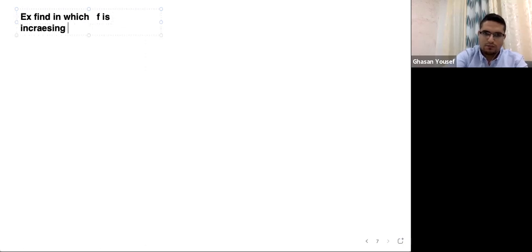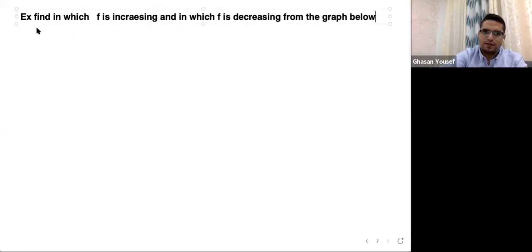So the example is like this: find in which interval f is increasing and in which f is decreasing from the graph below. The question is to find the intervals of increasing and decreasing from the graph.